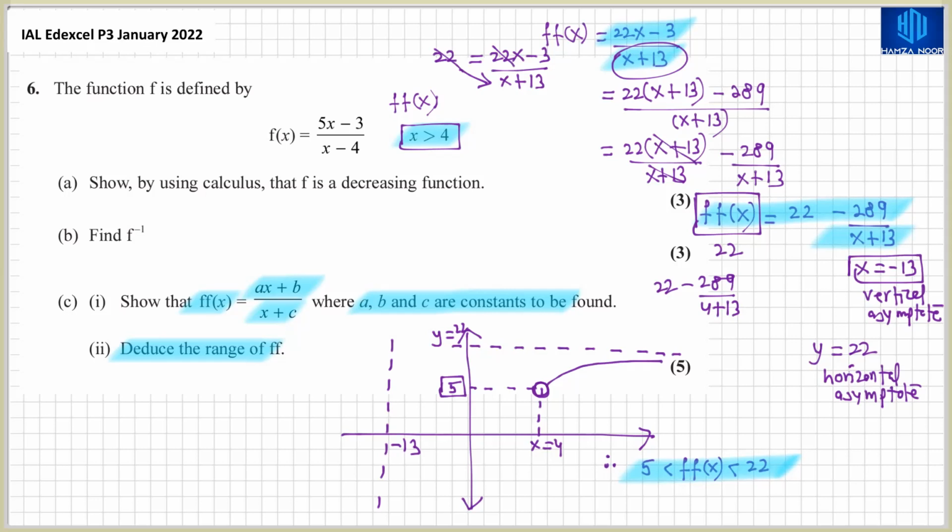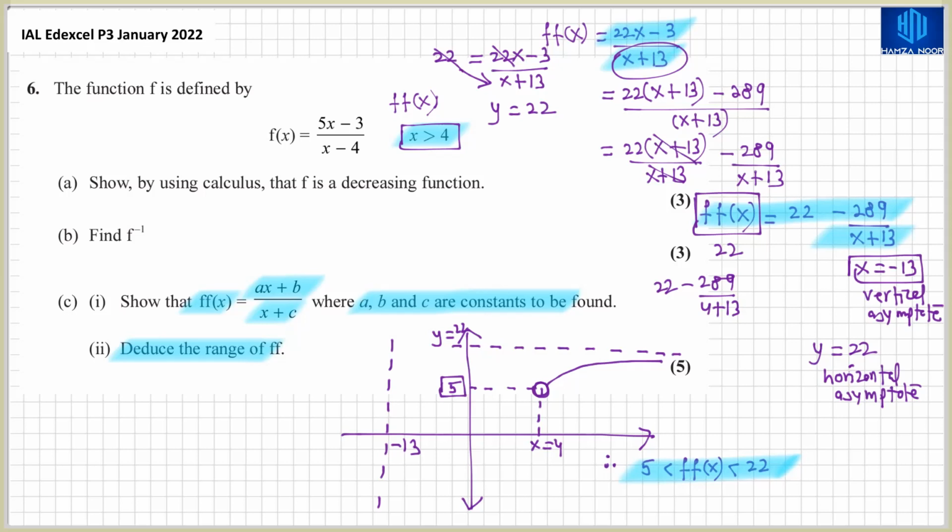When the variable x is completely eliminated, you won't be able to solve this equation. So this essentially means that when the output is 22, it will be a horizontal asymptote, meaning y equals 22 would be a horizontal asymptote. And in this way, you would be able to sketch the graph as quickly as possible without doing these steps of expressing the function into a mixed fraction form, which I have done over here.